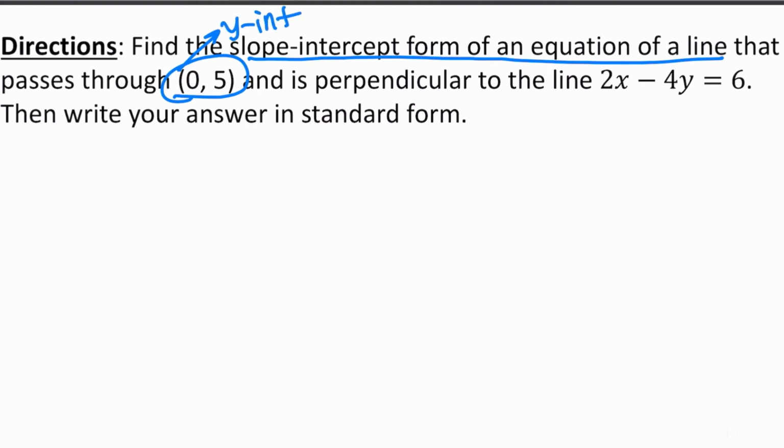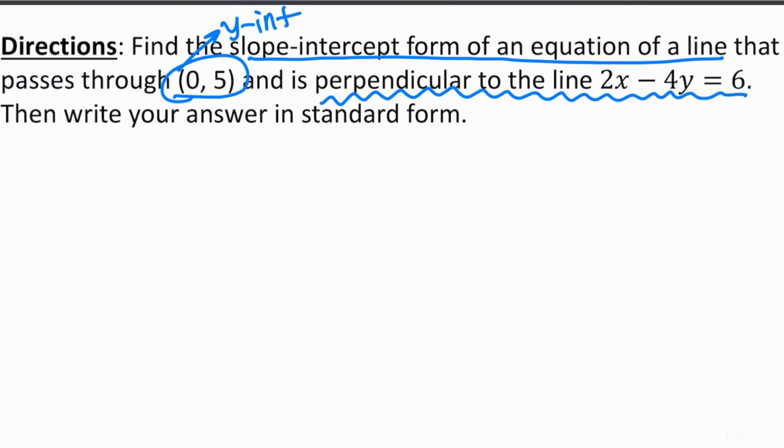And it's perpendicular to the line 2x minus 4y equals 6. The only thing that I need from this other line is going to be the slope. And because they say perpendicular, that means that the slope that I'm going to use for my new line is going to be the negative reciprocal of the slope that I have here.